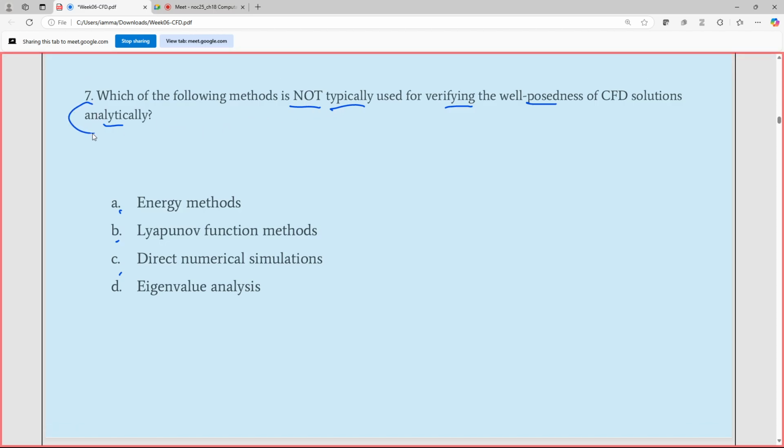The question is on how analytically. If you concentrate on this particular part only, the question can be simply solved.